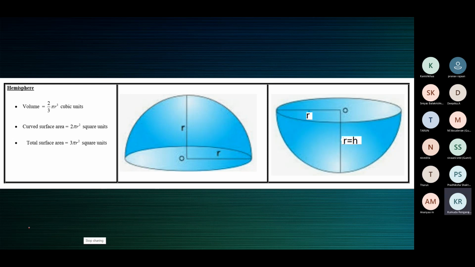Now, a football is an example of a hollow sphere because there's only air inside.